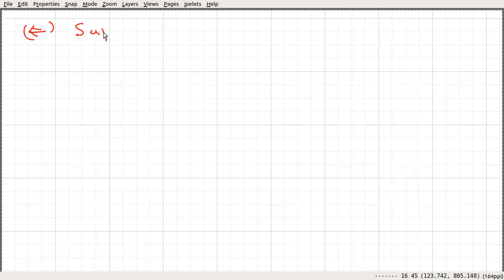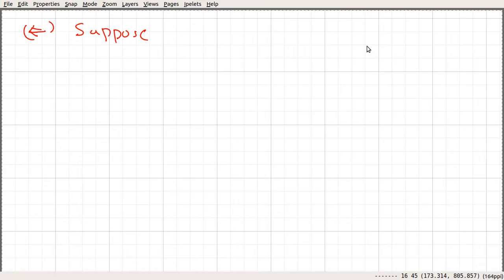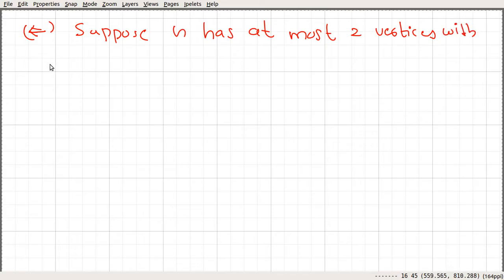Here we are trying to prove the other thing. If G has at most 2 vertices of odd degree, then G has an Euler trail. Suppose G has at most 2 vertices with odd degree.